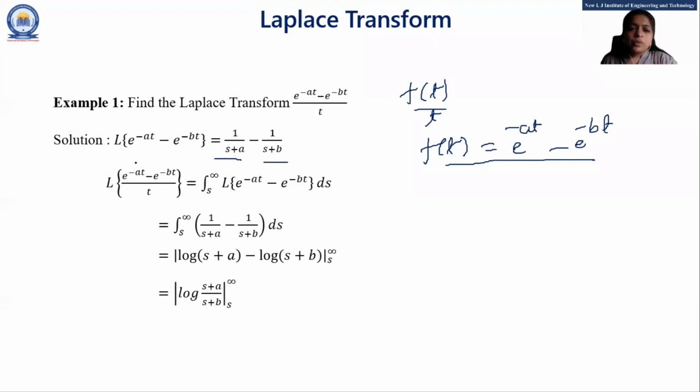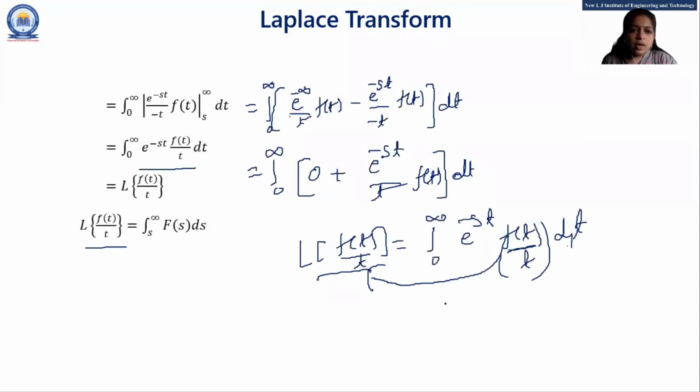Now we have to find the Laplace of e raised to minus at minus e raised to minus bt upon t. So upon t is there. As per the formula, we have to write integration s to infinity F of s ds.